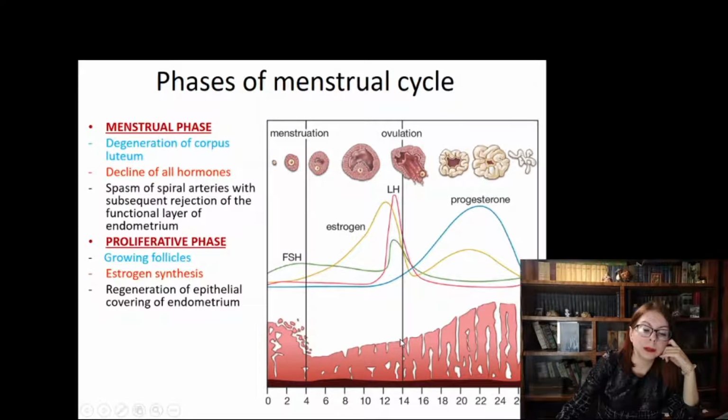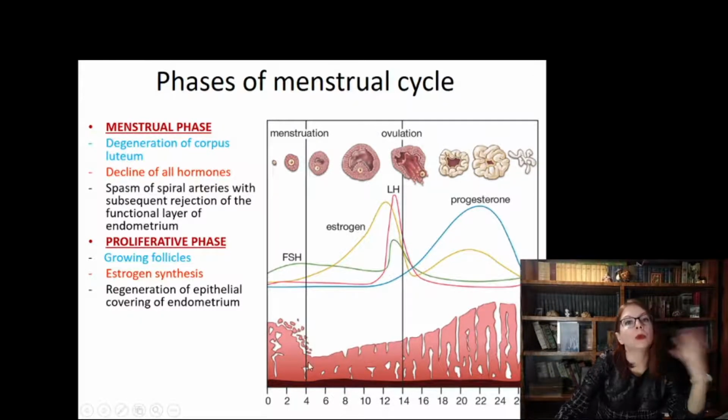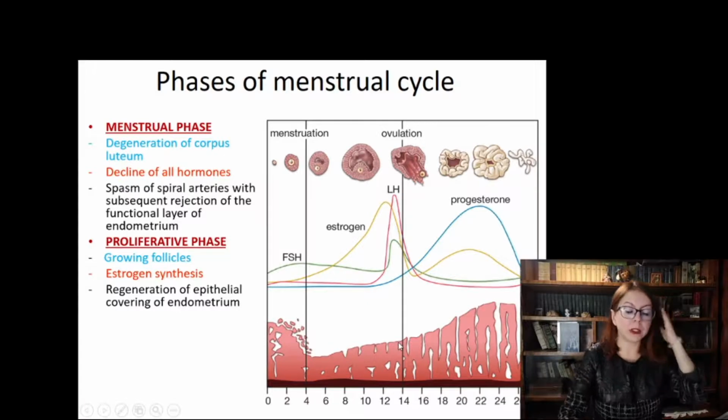Then in the endometrium, the epithelium proliferates and regenerates. That's why the phase is called proliferative phase. Proliferative because under the action of estrogens produced by growing follicles, under the action of FSH, this endometrium is re-established.